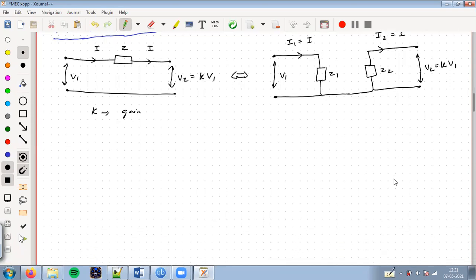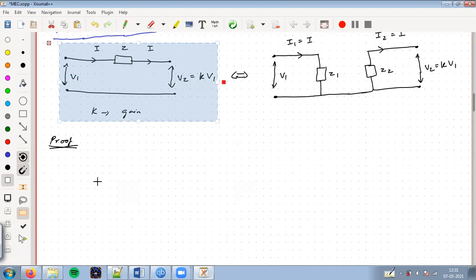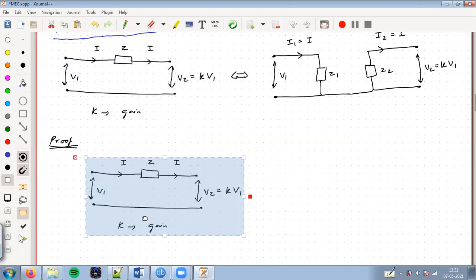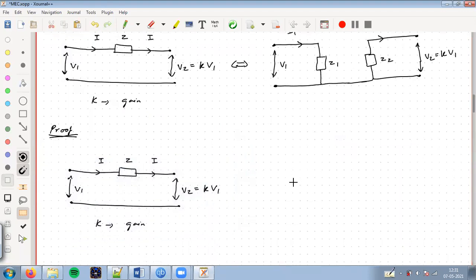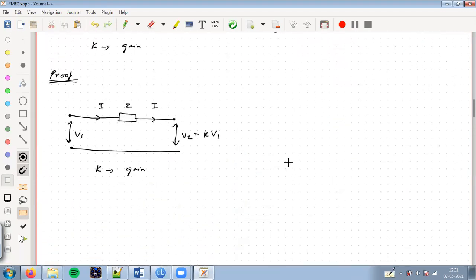Now the proof of this. Proof is actually very simple. If I take this circuit, select this circuit. Now in this, pay attention. I want to find Z1 now.